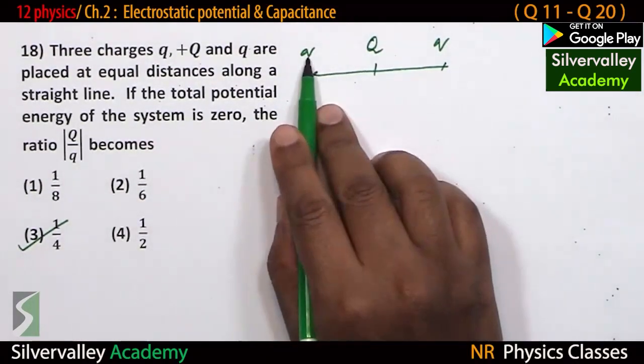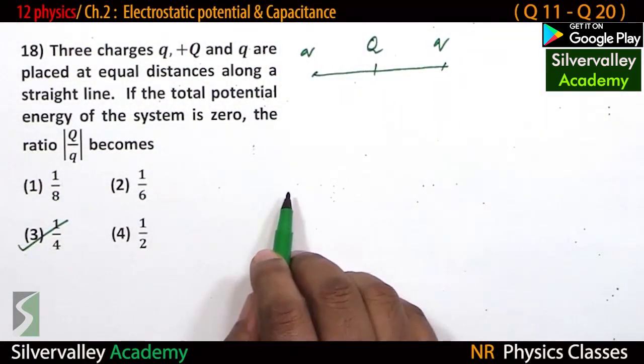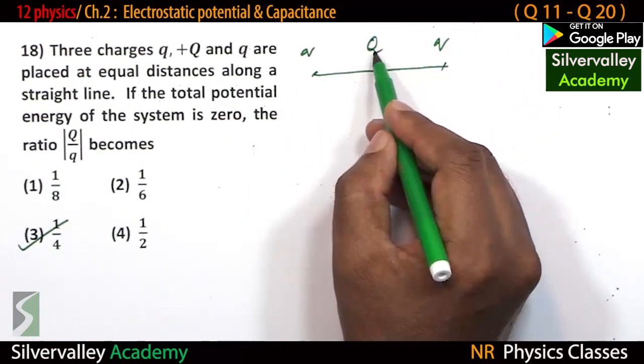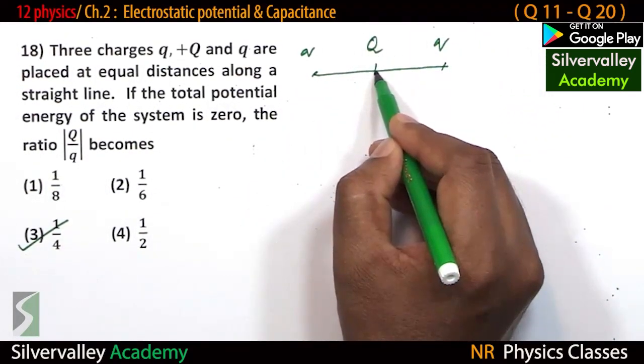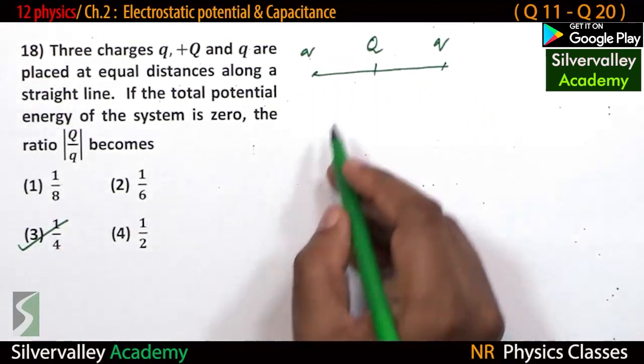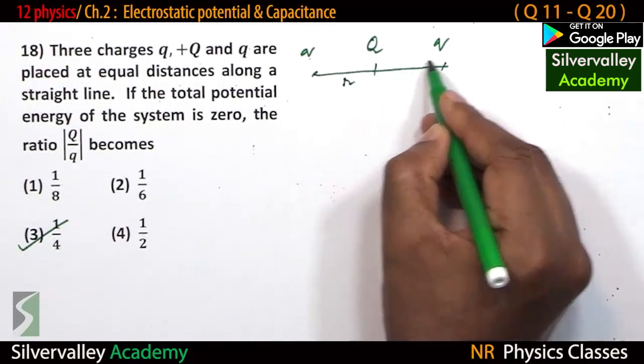This is a standard result. If there are 3 charges like this, which are on a line, and the third charge is at the midpoint of the line joining identical charges, this distance is r, this is also r.